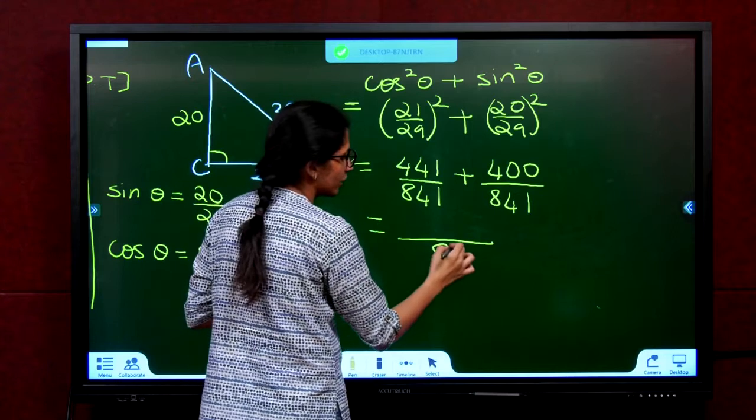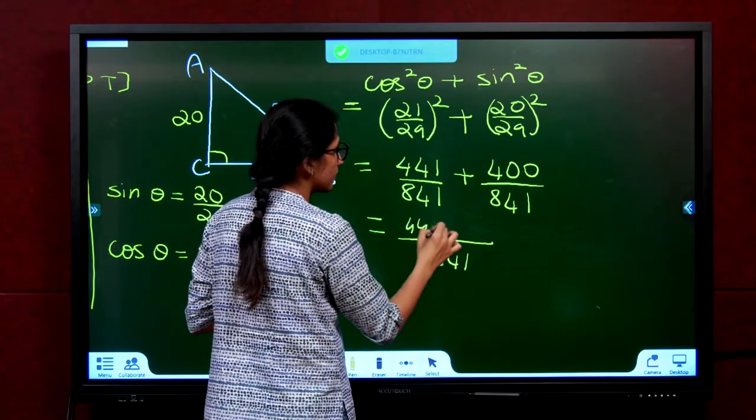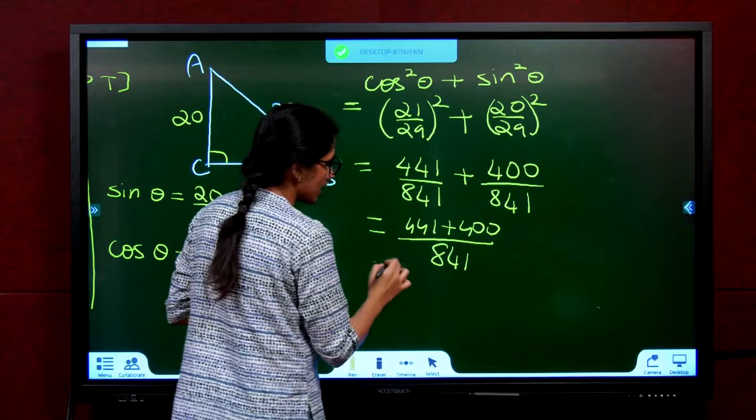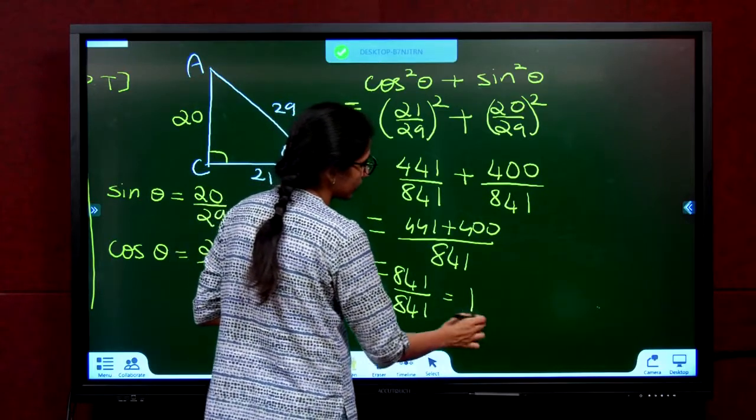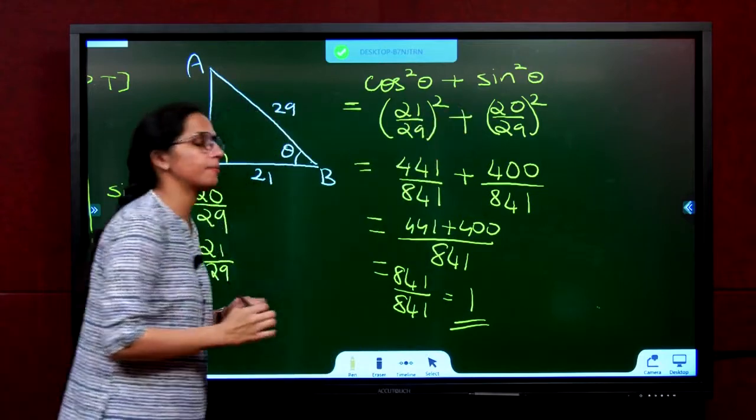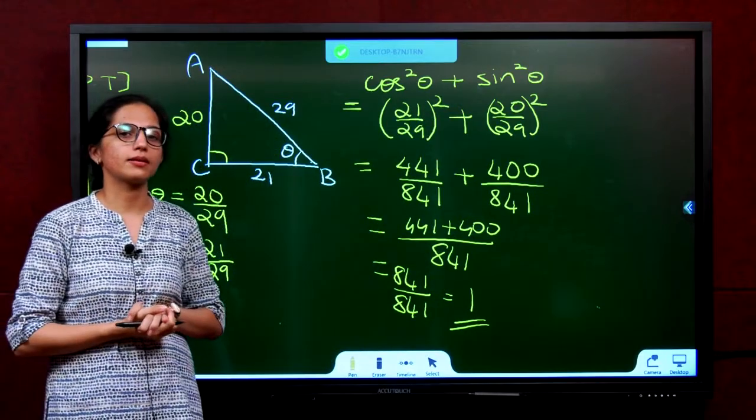LCM is already 841. 441 plus 400, 841 by 841. Answer is 1. So the answer of cos square theta plus sine square theta is 1.